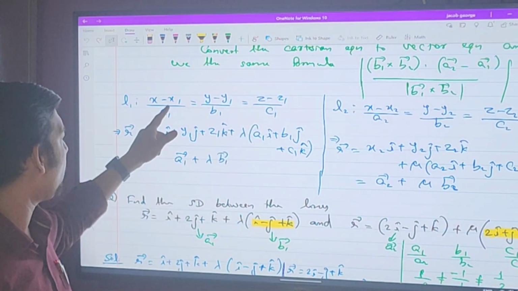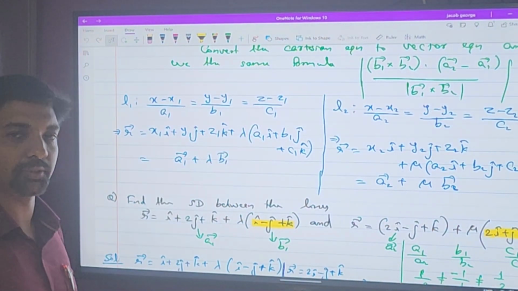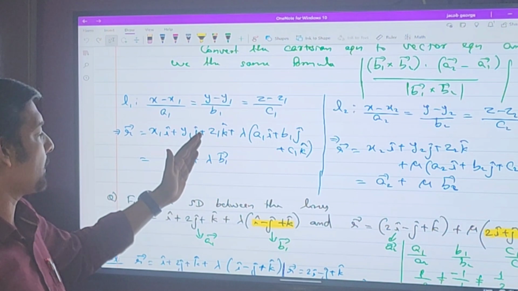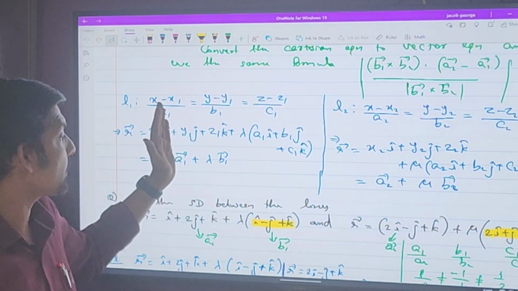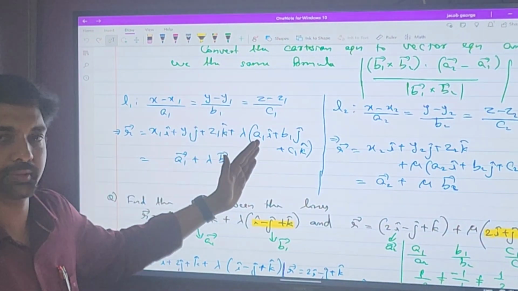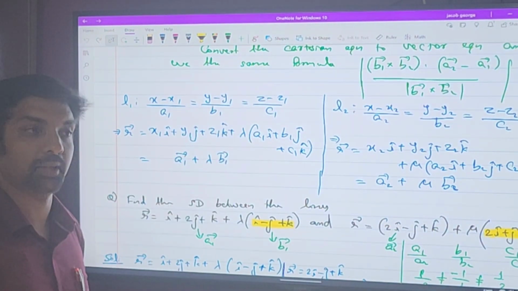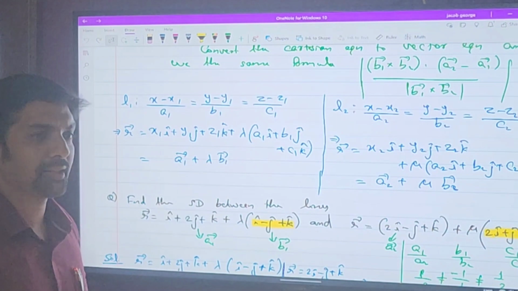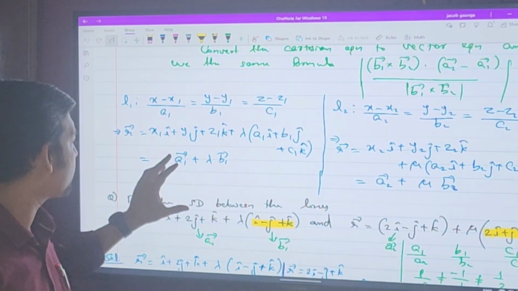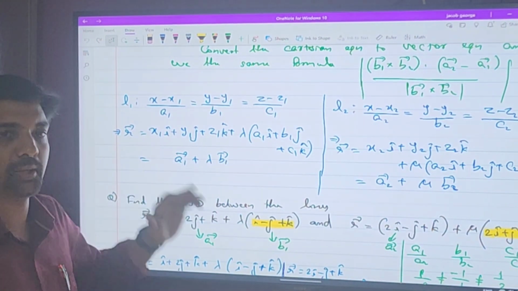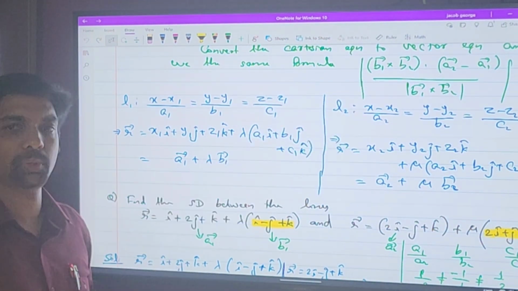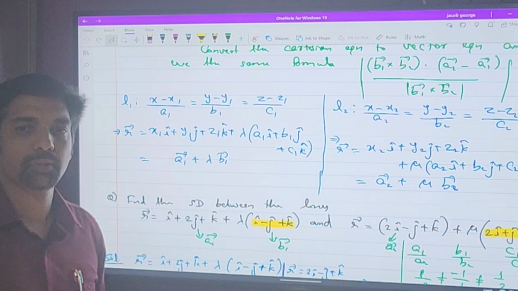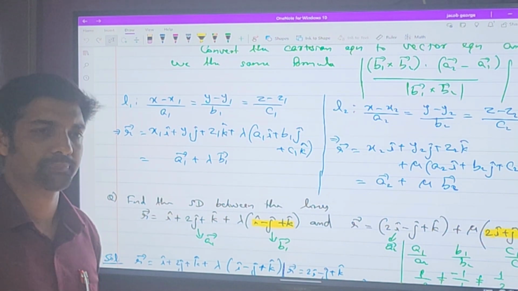We take the point x1, y1, z1 in place of vector a1. Then the parallel vector has direction ratios a1, b1, c1, like this: lambda times (a1 i cap plus b1 j cap plus c1 k cap). So it is of the form vector a1 plus lambda times vector b1. The second line also we can easily convert, and we get vector a2 plus mu times vector b2.